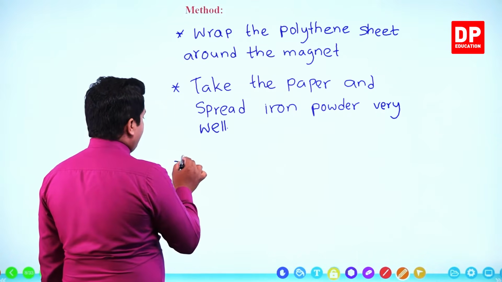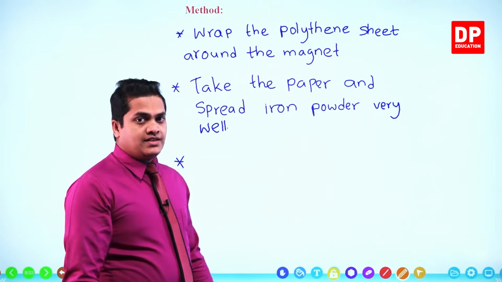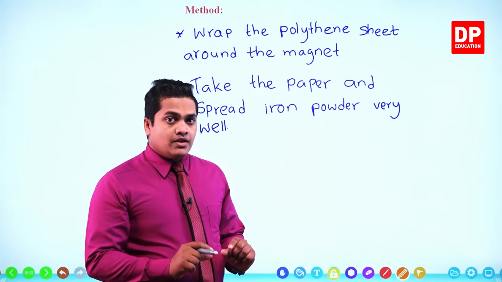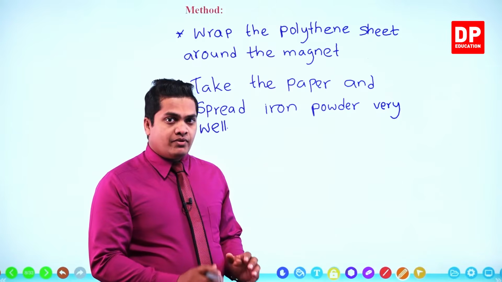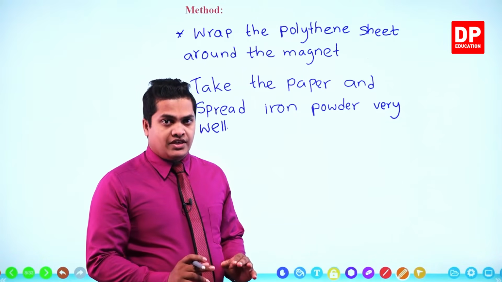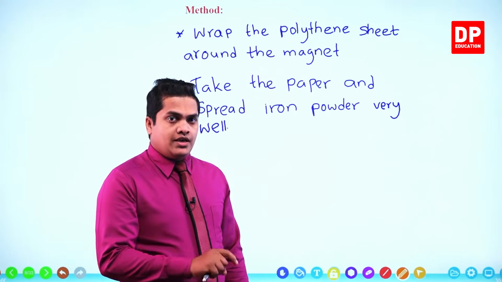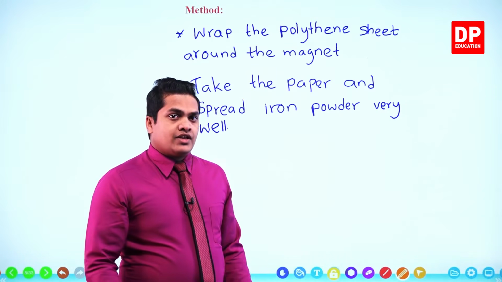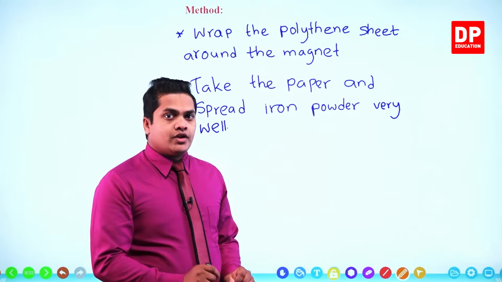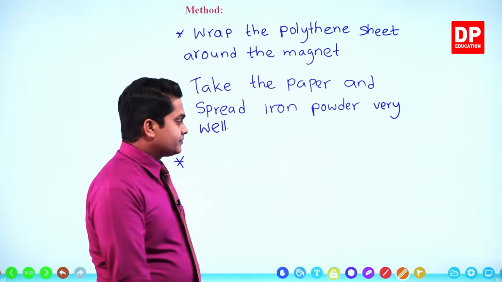Then in the third step, we place the magnet wrapped with polythene sheet on top of the paper, and tap gently on the paper so that the iron powder will get attracted towards the magnet.